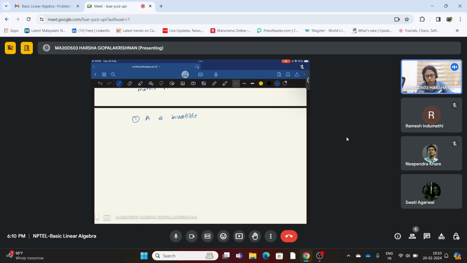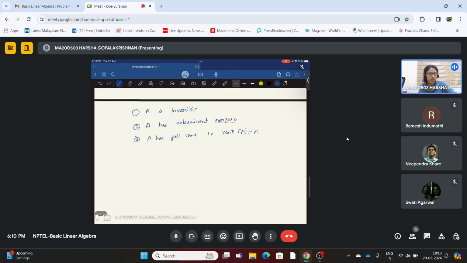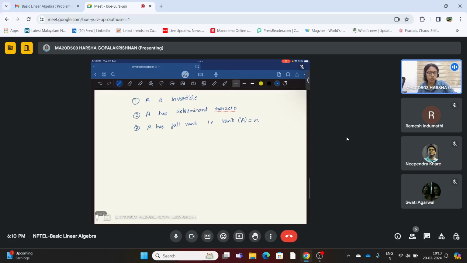Now an equivalent condition for invertibility is A has determinant non-zero. Okay, A is invertible and determinant is non-zero are equivalent. And A has full rank. That is, if A is an n by n matrix, rank of A is n. Okay, A has full rank. That is, rank A equal to n. Okay, so this theorem, this is a very basic result. But it is helpful while doing the problems.